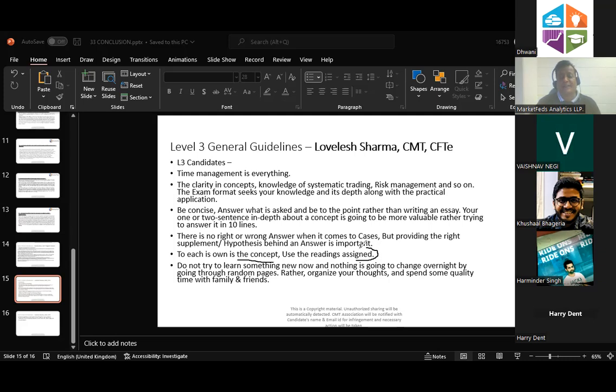To each his own is the concept. Use the readings assigned. To each his own is, I guess, from Mark Douglas, Trading in the Zone. As I was saying, I'm a trader, I want to be less exposed to systematic risk, or sorry, price shock risk. So for me, number of trades is a very important variable along with Sharpe, which measures risk adjusted return. Probably you are a mean reversion trader.